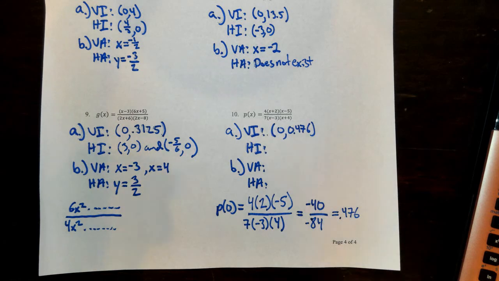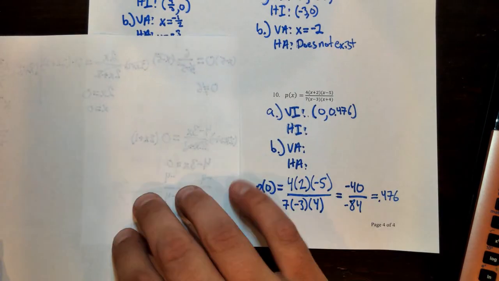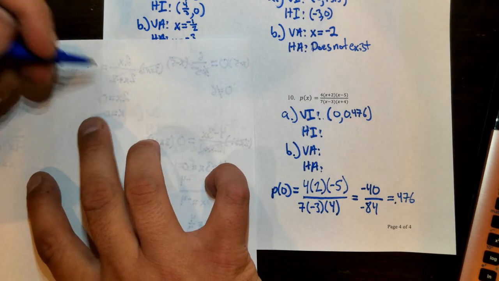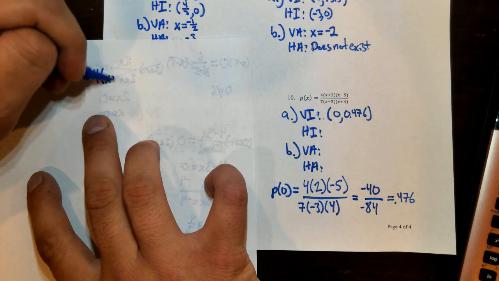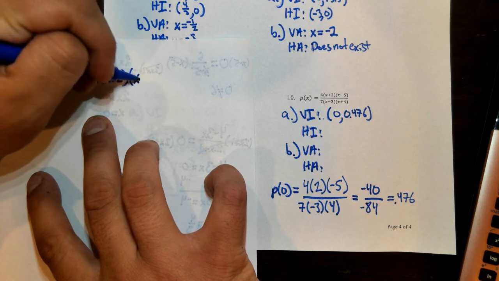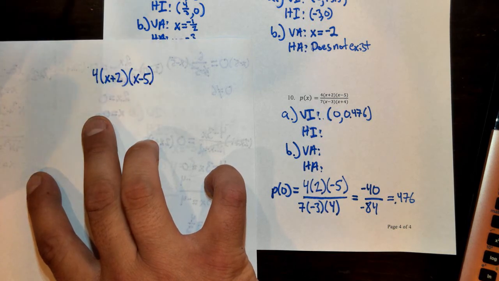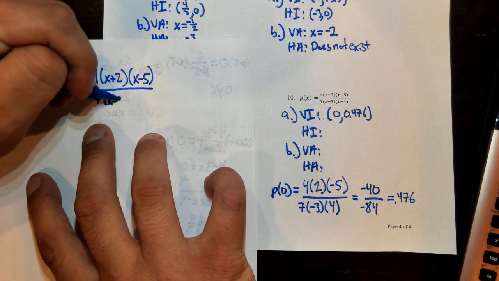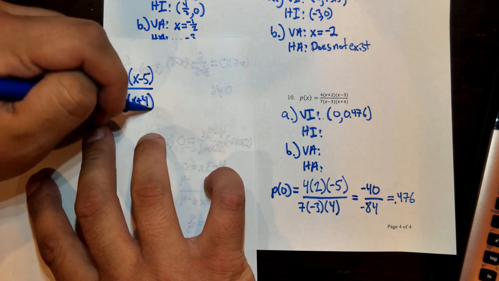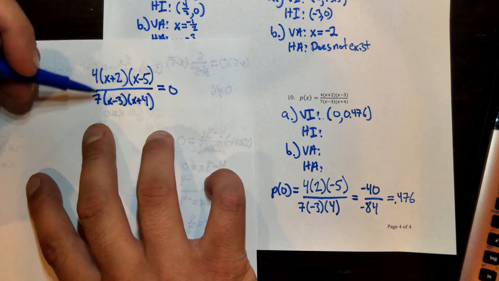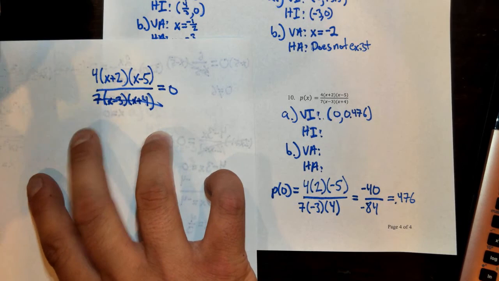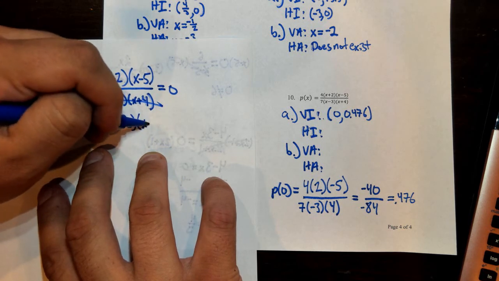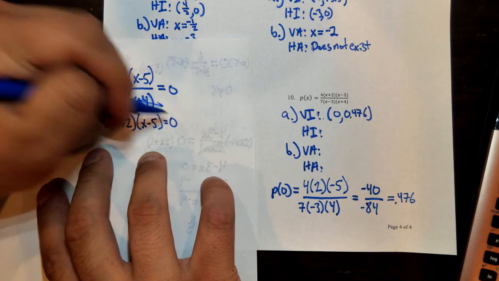Our horizontal intercept, we're going to be solving for x here. So we have 4 times x plus 2, x minus 5, divided by 7, x minus 3, x plus 4. And remember, by setting equal to 0 and solving, this bottom just goes away, so we're left with 4 times x plus 2, x minus 5 equals 0. So what we're really doing is just solving the top.